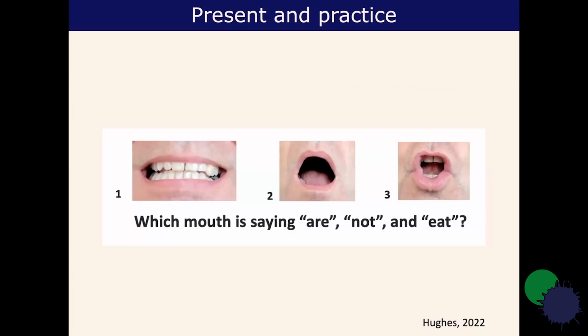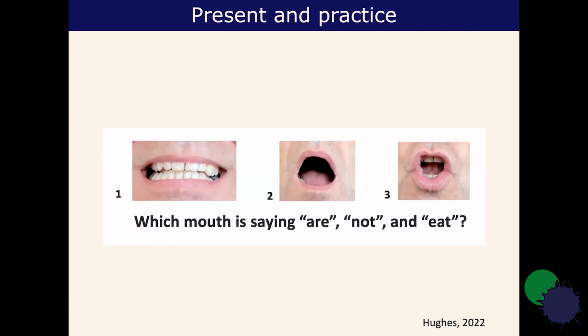This was my own work where I photographed my own mouth to introduce, when I'm writing some materials to introduce the sounds E, O, and R. And you can create little quizzes where students have to consider the words are, not, eat, and then guess which mouth is saying those words.